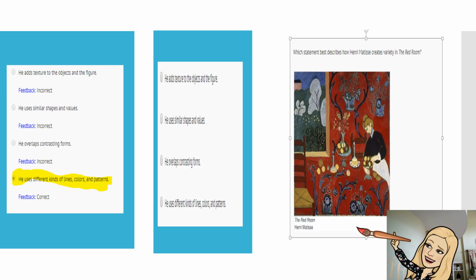So he does use similar shapes and values, especially when you're talking about pattern. And I don't think he has any overlapping. So our best answer would be he uses different kinds of lines, colors, and patterns. I hope you guys are doing great on this quiz. Let's keep going.